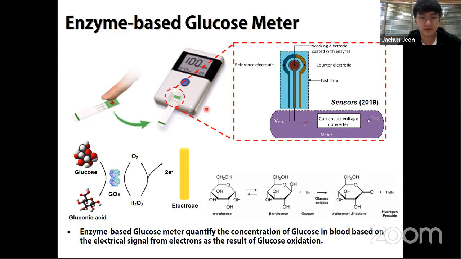The enzyme-based glucose meter has been commercialized and used by many patients to measure the concentration of glucose. It uses glucose oxidase as the biological element in the biosensor. As shown in the figure below, the concentration is measured with the electrons generated by the hydrogen peroxide.